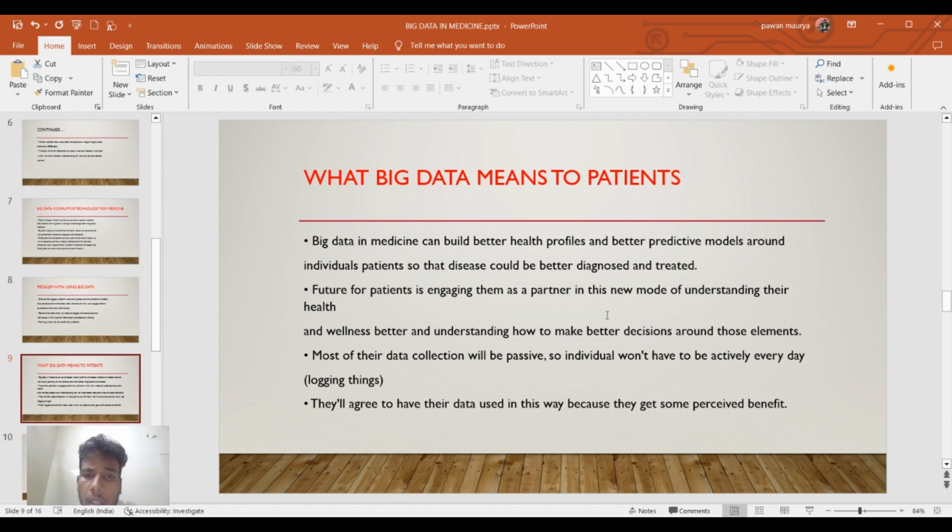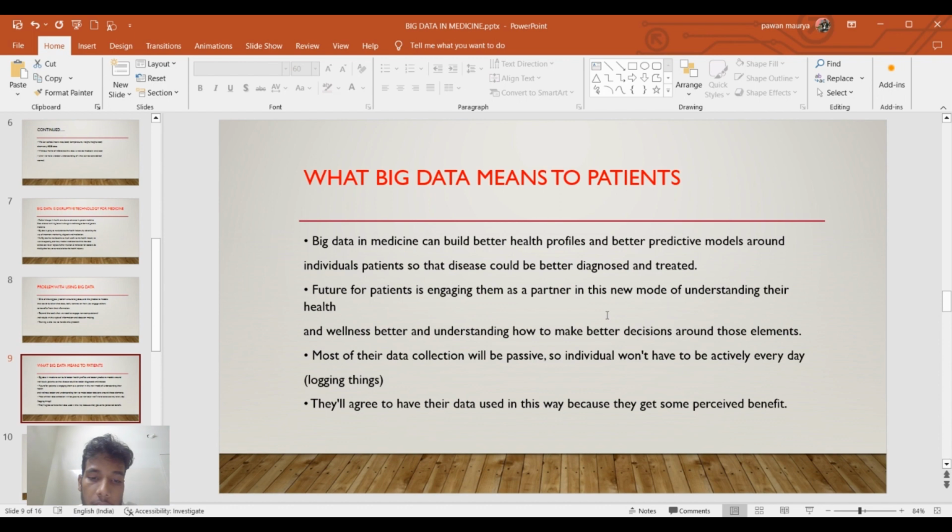What big data means to patients. Big data in medicine can build better health profiles and better predictive models around individual patients, so that disease can be better diagnosed and treated. The future for patients is in engaging them as partners in this new mode of understanding their health and wellness better, and understanding how to make better decisions around those elements.